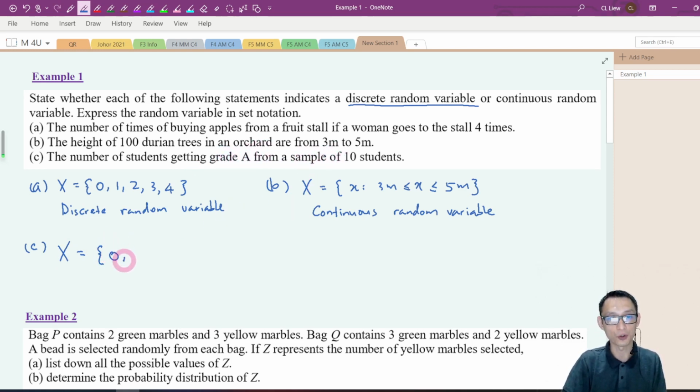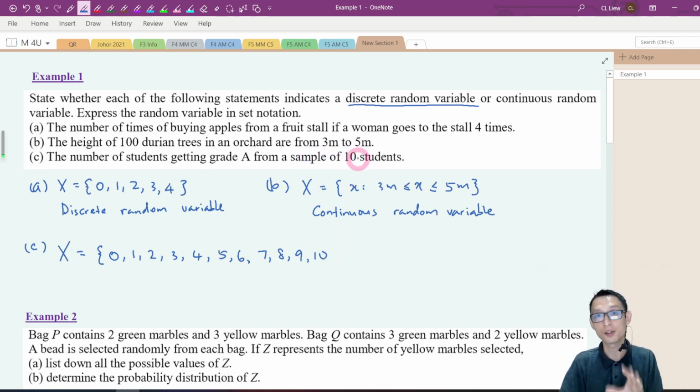So it can be 0 students, meaning that nobody gets A. So 1 student, 2 students, 3, 4, 5, 6, 7, 8, 9. Maximum only 10 students, because the sample only consists of 10 students. It's not possible to get 11 students, and it is not possible to get 1.3 students or 1.35 students, right? So for this type of random variable, this is a discrete random variable.